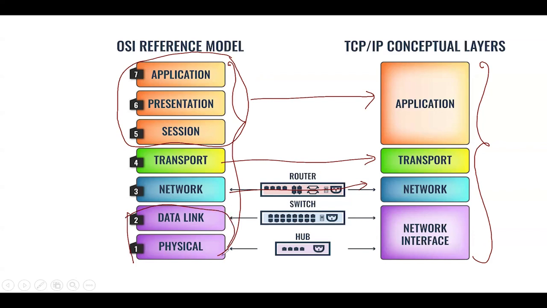Data link and physical are clubbed together and become the network access layer, or network interface. The router is the device used at the network layer. The switch is a device used at the data link layer, and the hub is the device used at the physical layer, especially when you're transferring data, as the wire connections are connected through the hub. I hope this TCP/IP is clear.